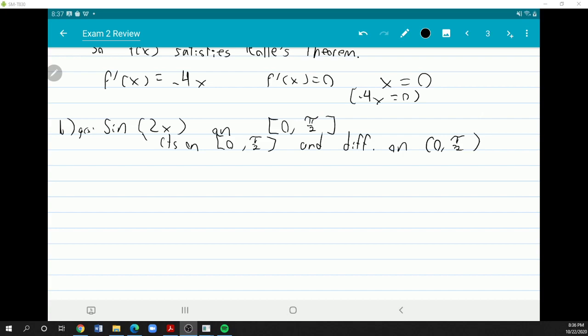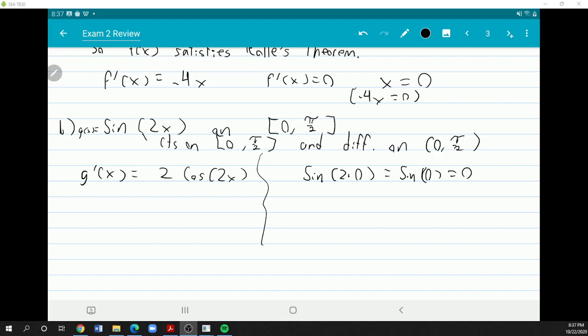So g of x equals this. G prime of x is going to be 2 cosine 2x. Okay, g prime of x is 2 cosine 2x. I still didn't finish what I was doing though. So sine of 2 times 0 is sine of 0 equals 0.